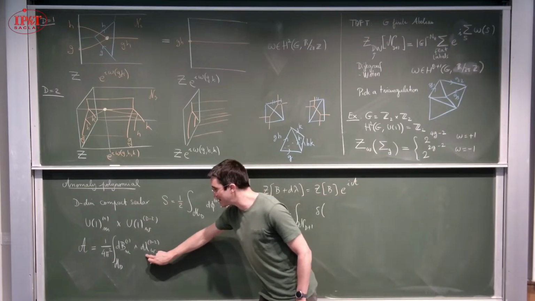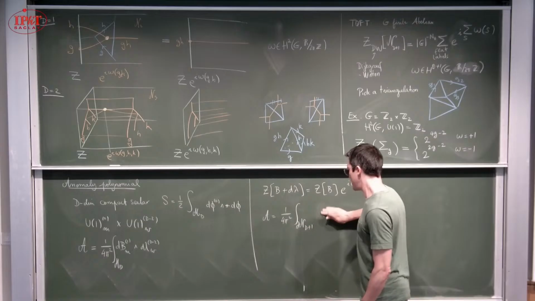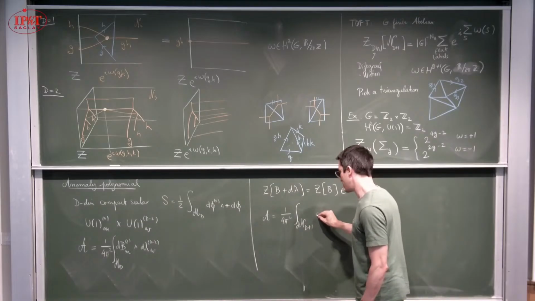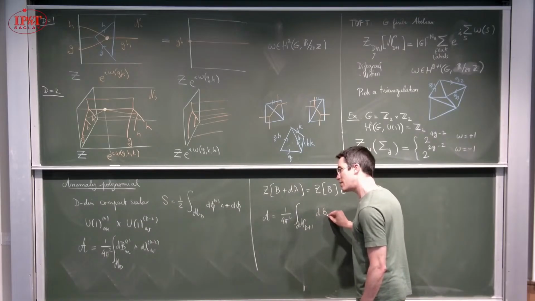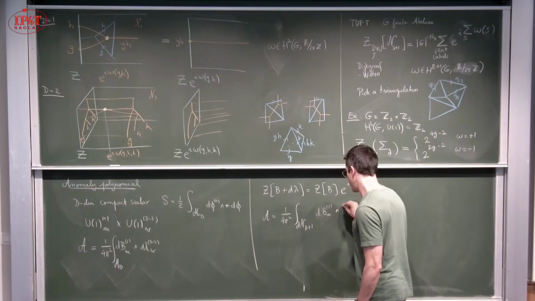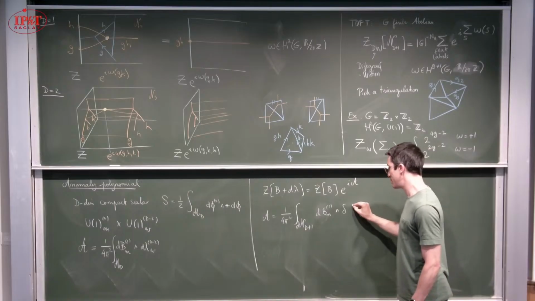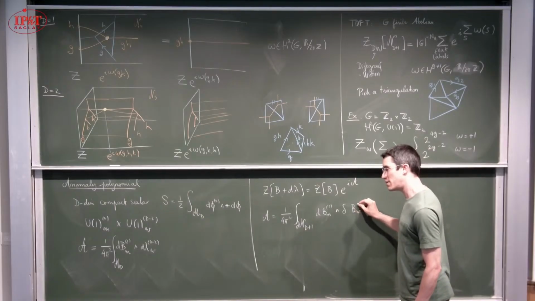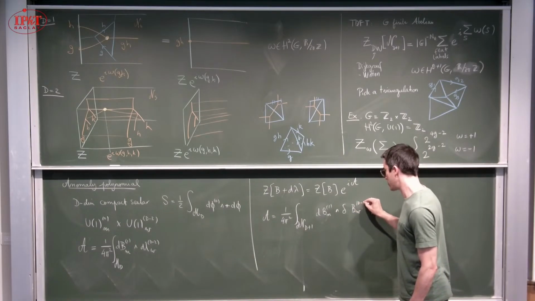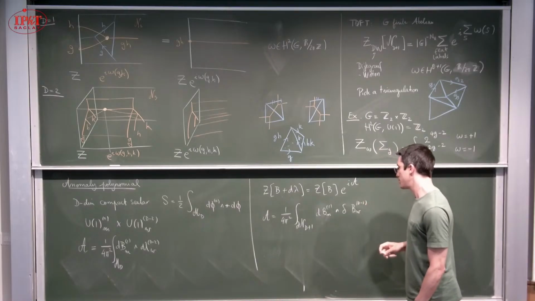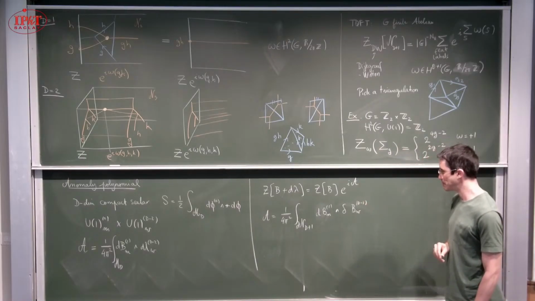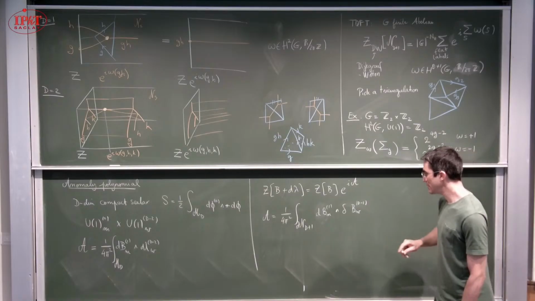And this thing, I say this is the delta of B, where delta is the variation of B winding, B winding minus 1.